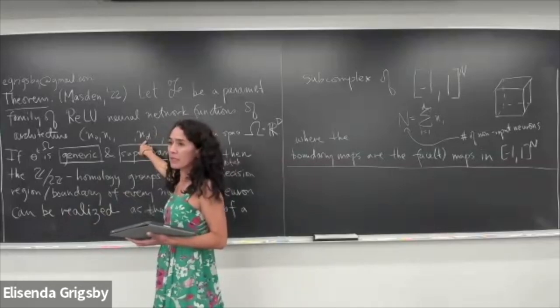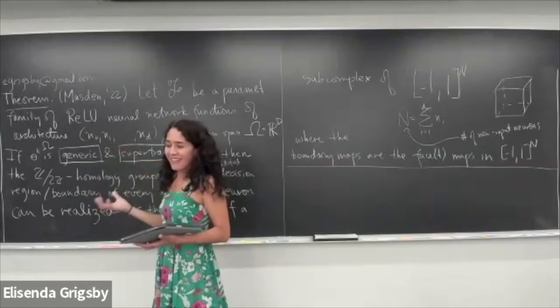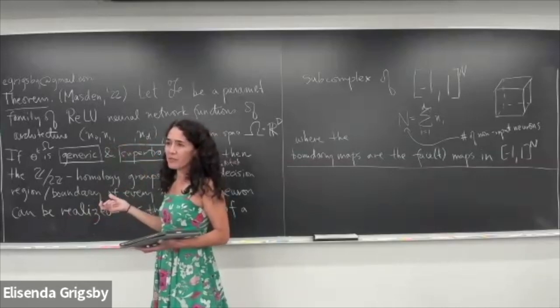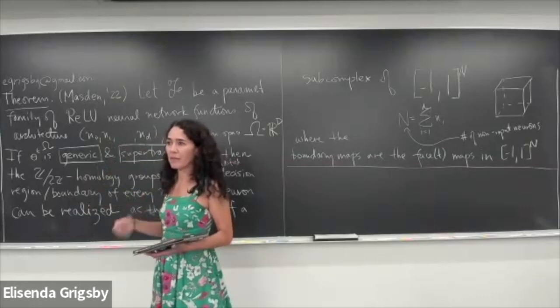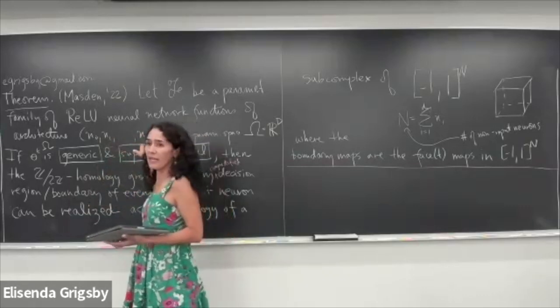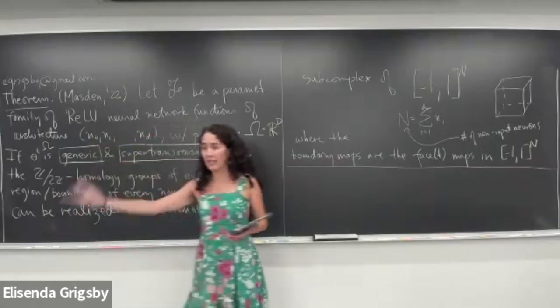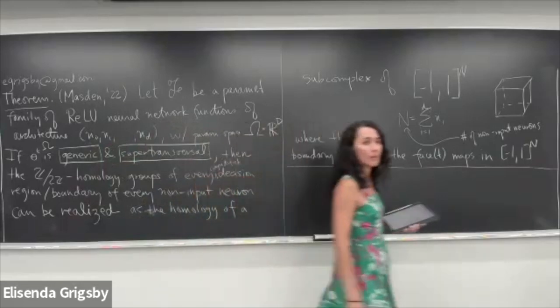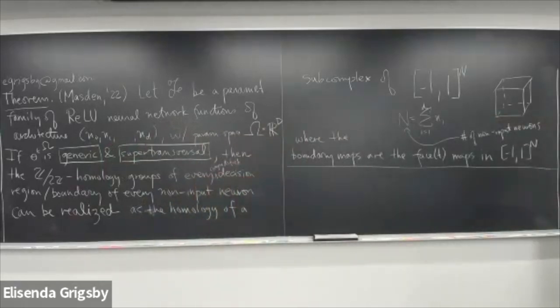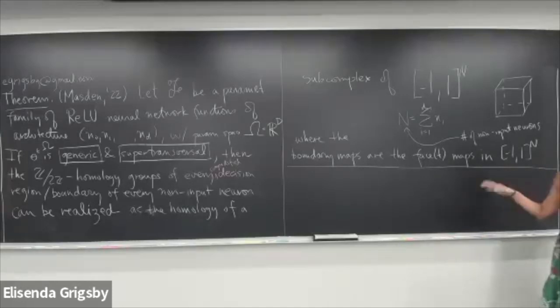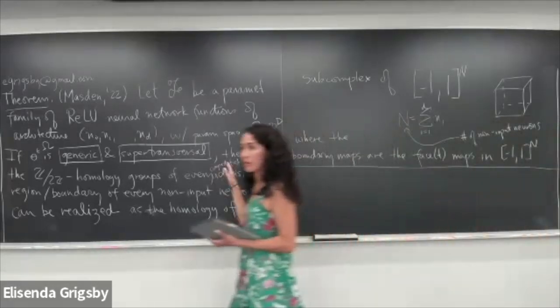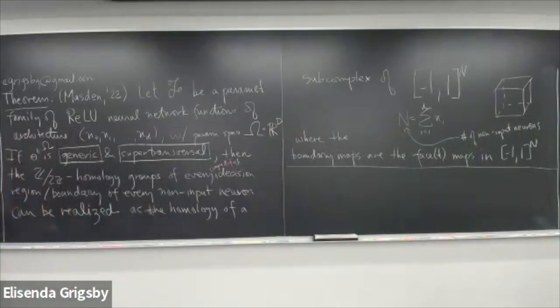And what I'm claiming is that you could compute the homology groups of the yes region and the no region of that binary classification task, and also see what's happening beforehand, at the end of training, once it's classified. But right now, I'm not saying anything about training at all. This is just a single parameter, and I'm claiming that there's an algorithm for computing the homology groups of all of the intermediate decision regions and boundaries.